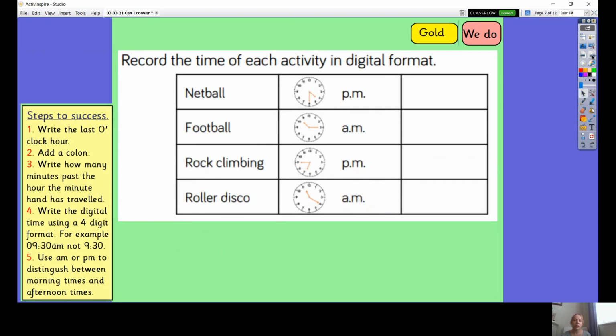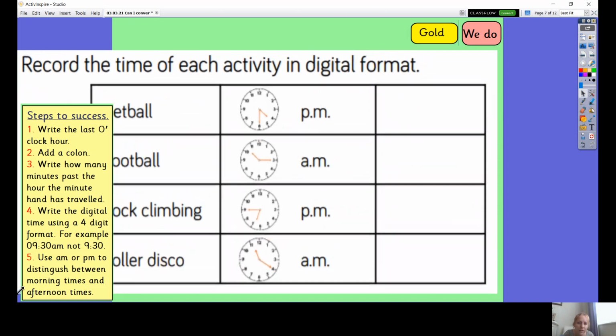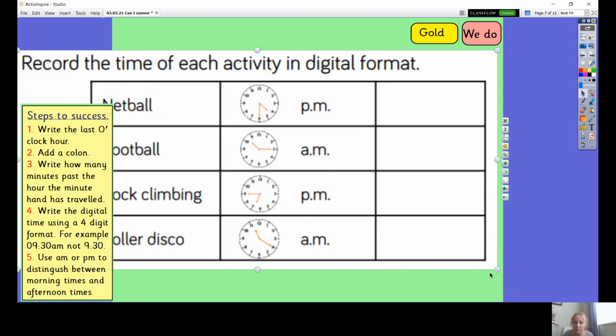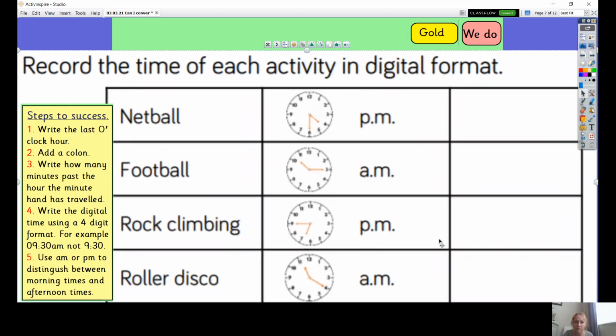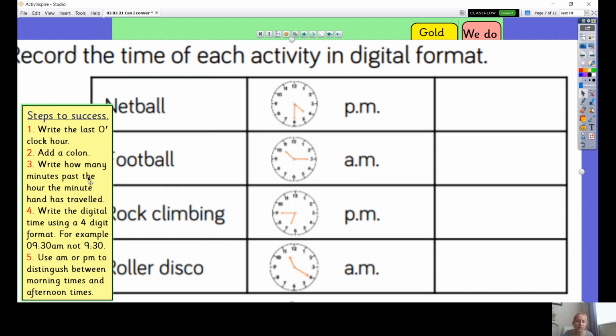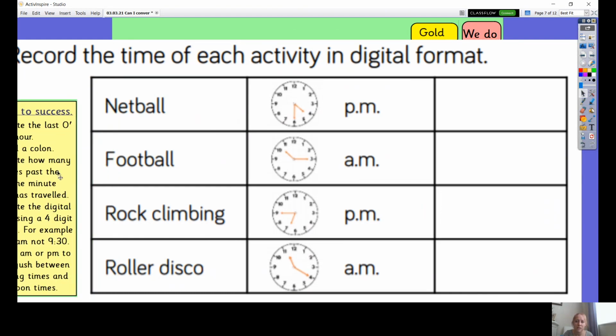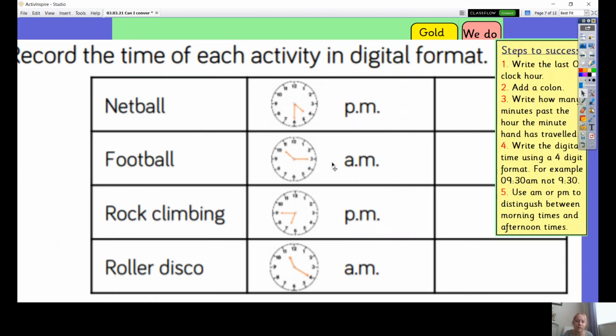Moving on, have a little try at this one. Record the time of day in digital format. Now these clocks are weeny teeny, but I can't really make them very much bigger. So I'm hoping, there we go, kind of made it into a giant. I'll just move the steps to success over here, I reckon.